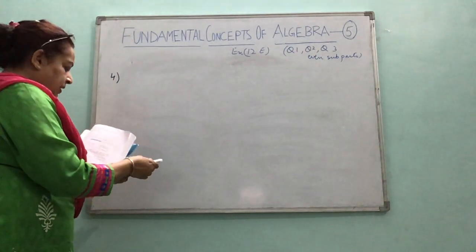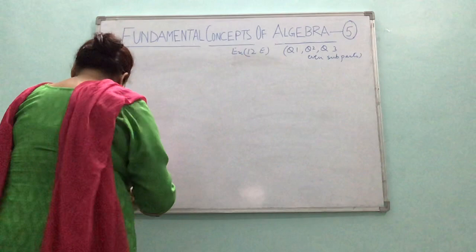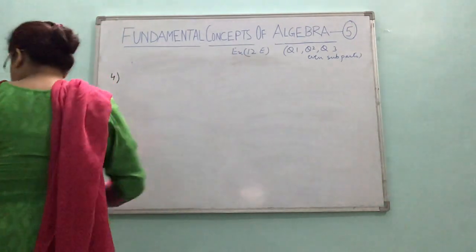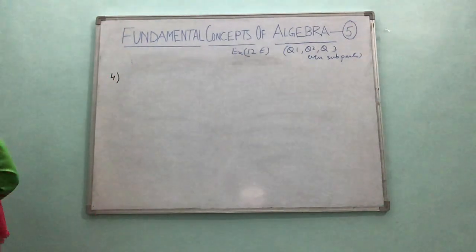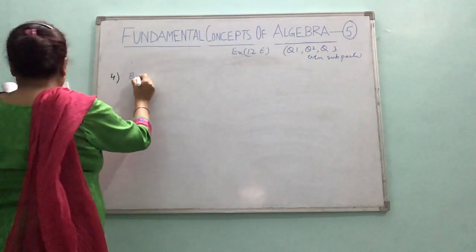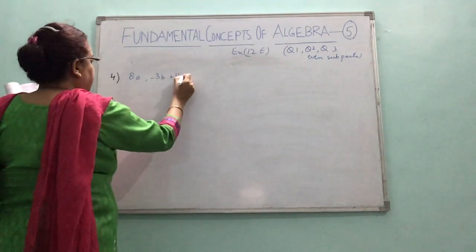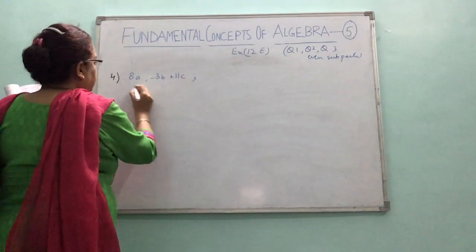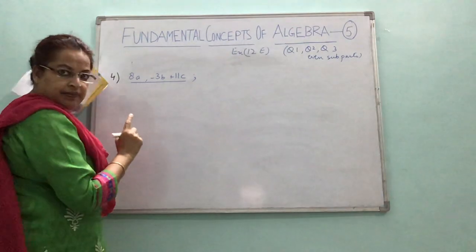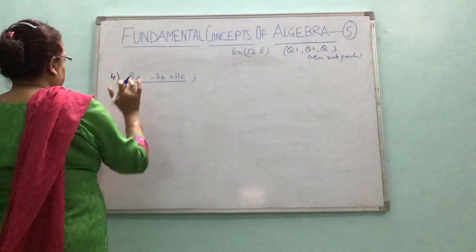Now the question is, we have to again add, and what I have to add? It is 8a minus 3b plus 11c. Now you can see this is one expression, children, a trinomial, no comma here.